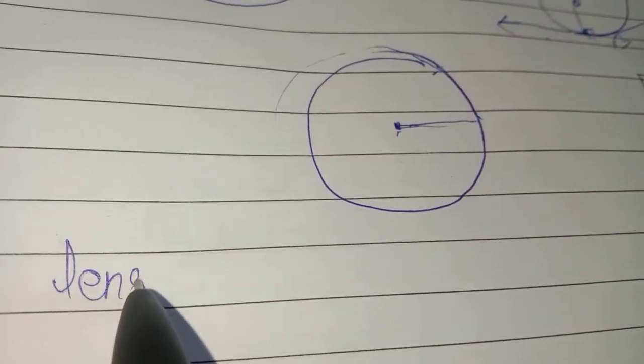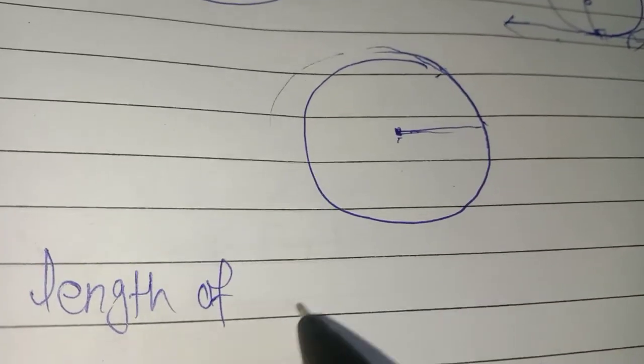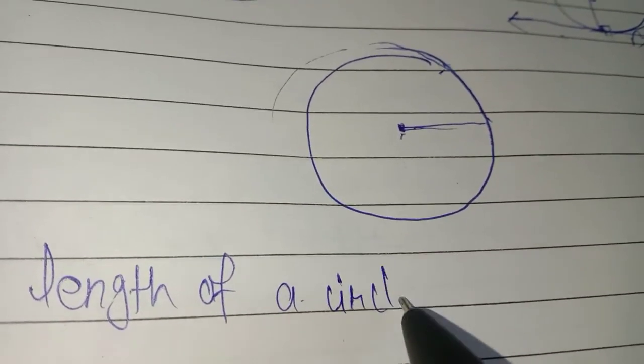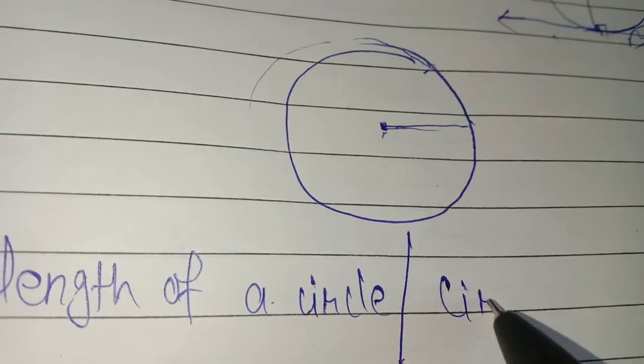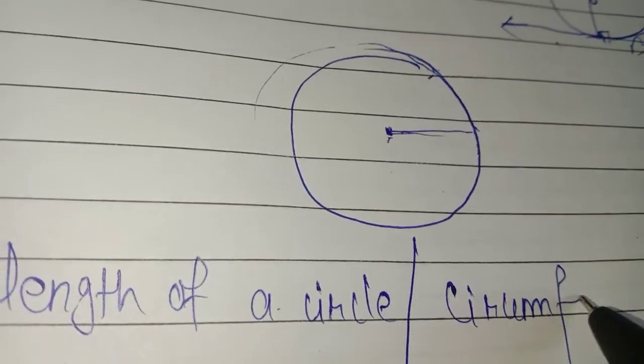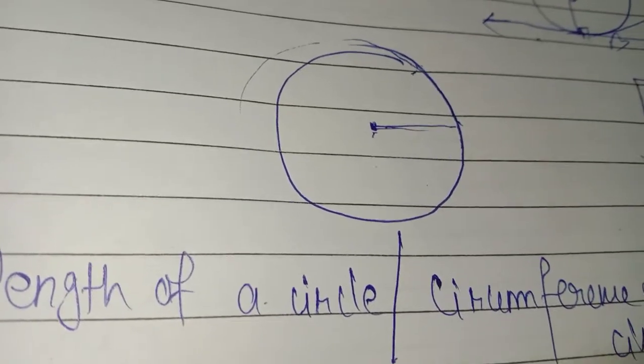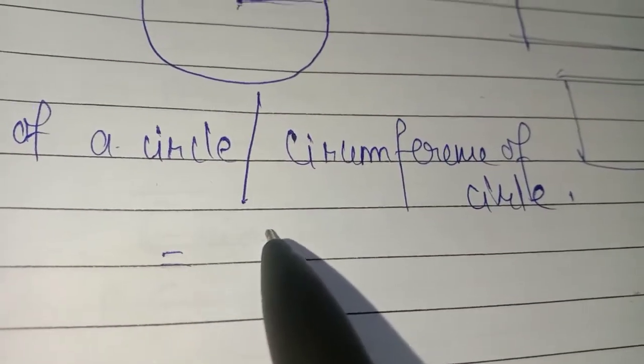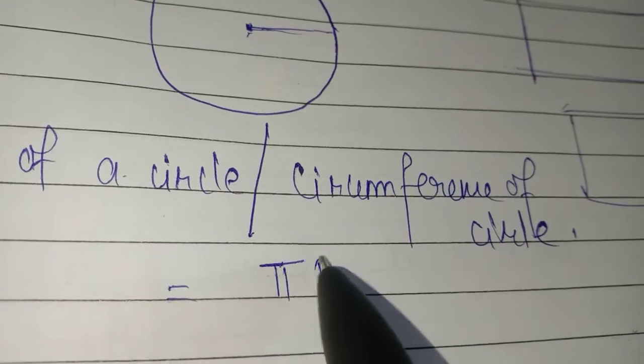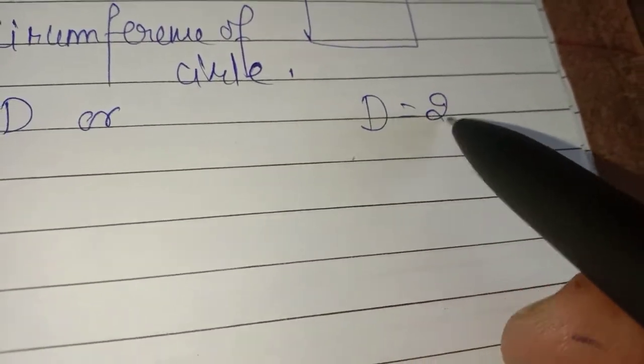So the length of a circle, or circumference of a circle, is equal to pi d, or if I replace diameter, 2 times radius.